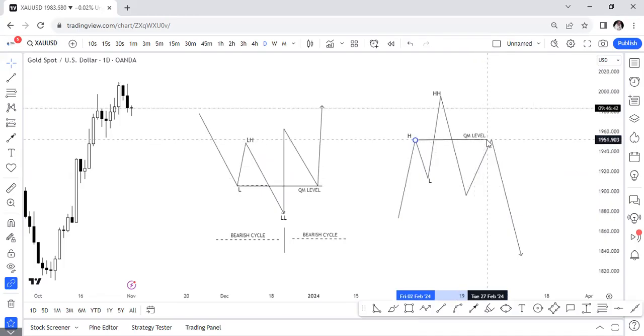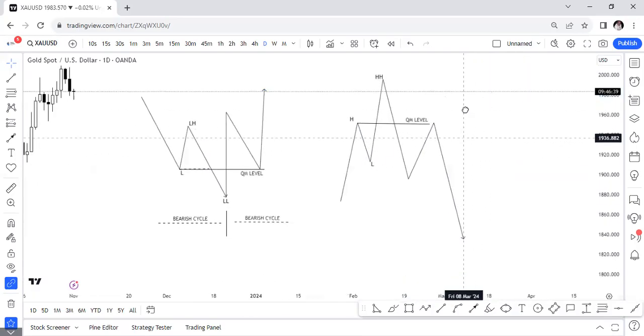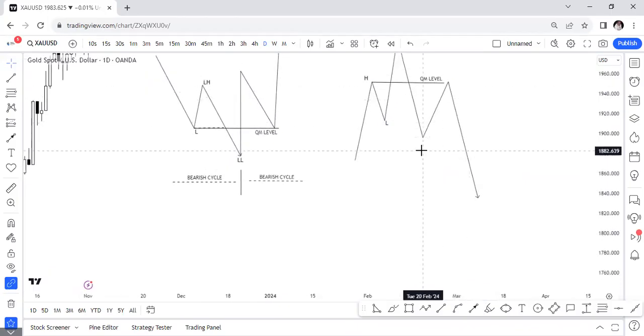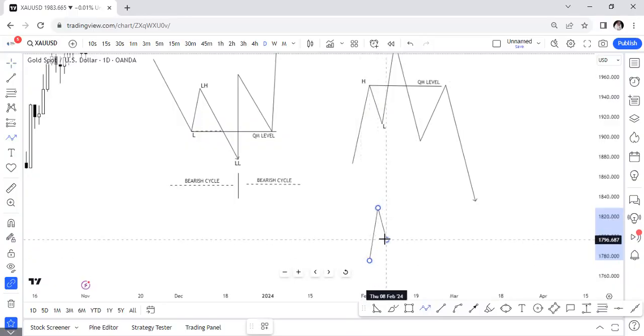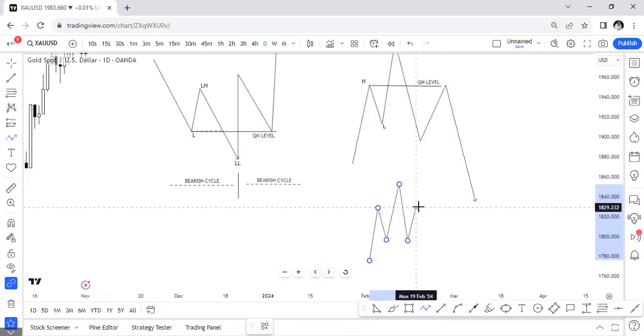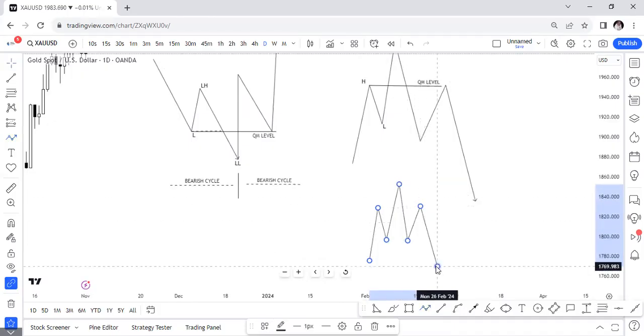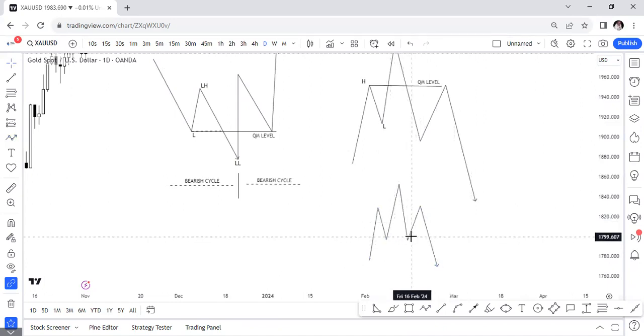There's a difference between Quasimodo and the head and shoulder pattern. Don't mistake one for the other. This is the head and shoulder pattern, this is the neckline, and this is the head.